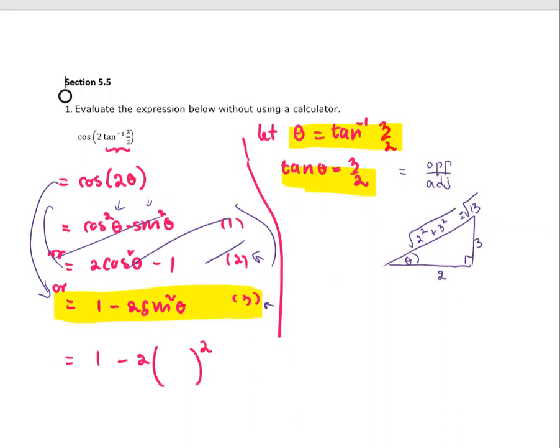From the right triangle diagram, the sine of an angle theta is the opposite side divided by the hypotenuse. For our right triangle, the opposite is 3, the hypotenuse is square root of 13. We're going to use the value 3 over square root of 13, and replace it into the term of the sine of theta.